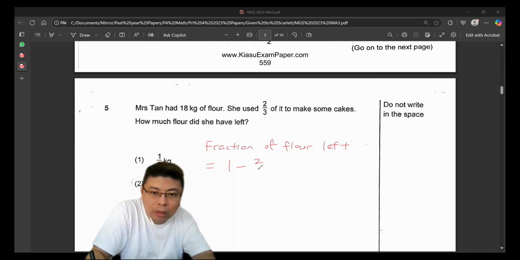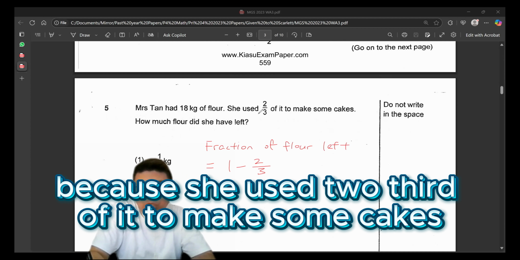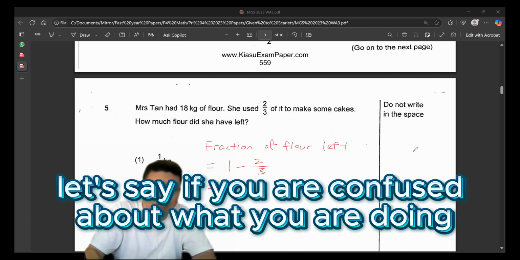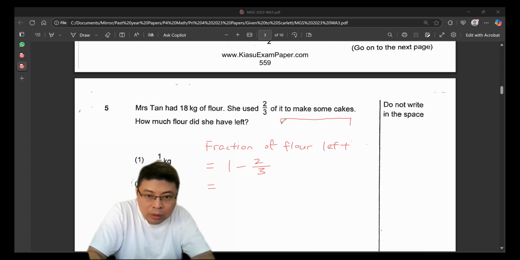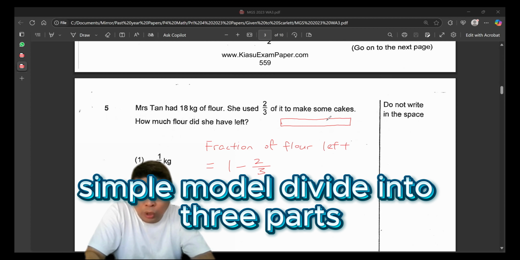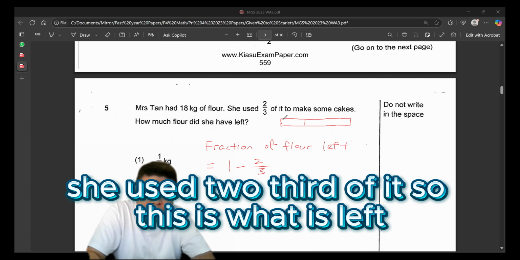And why do I use 1 whole minus 2/3? Because she used 2/3 of it to make some cakes. If you are confused about what you are doing, you can draw a simple model. Divide into 3 parts. She used 2/3 of it, so this is what is left.